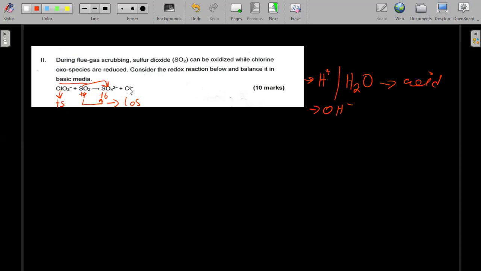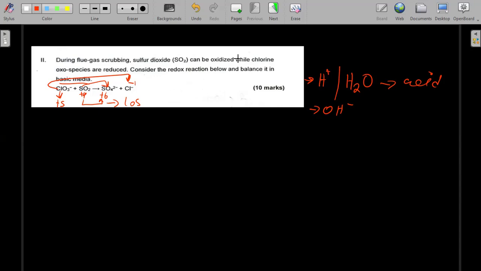And for the chlorine atom, it's a neutral atom with a negative 1, so the oxidation state is negative 1 there. So we are moving from positive 5 to negative 1. You are becoming more negative, which means we are actually gaining electrons. And when you are gaining electrons, we can say this is being reduced. The species that is gaining electrons is being reduced.